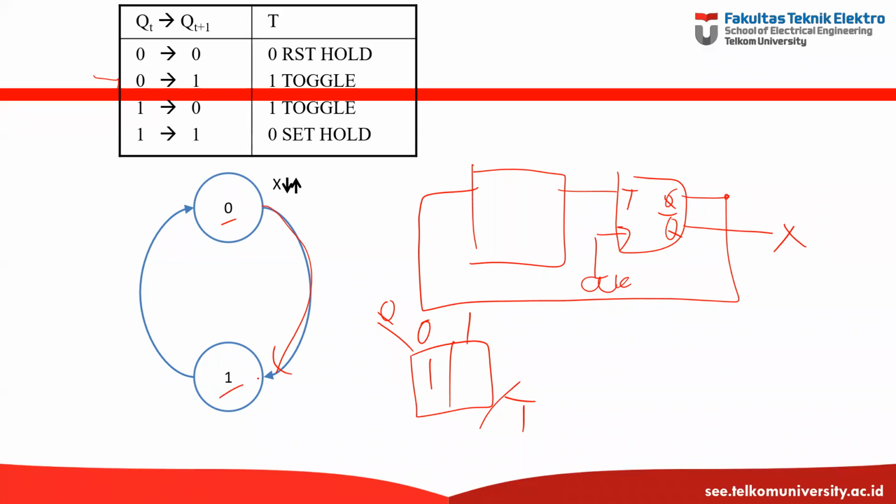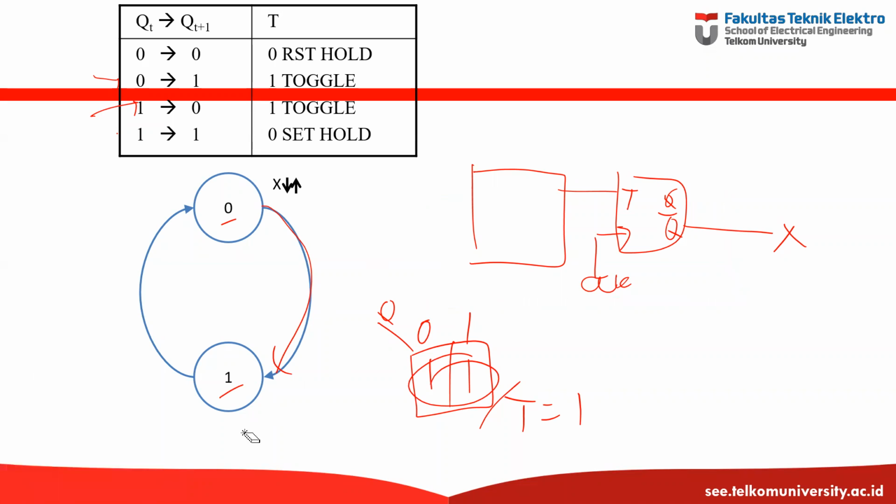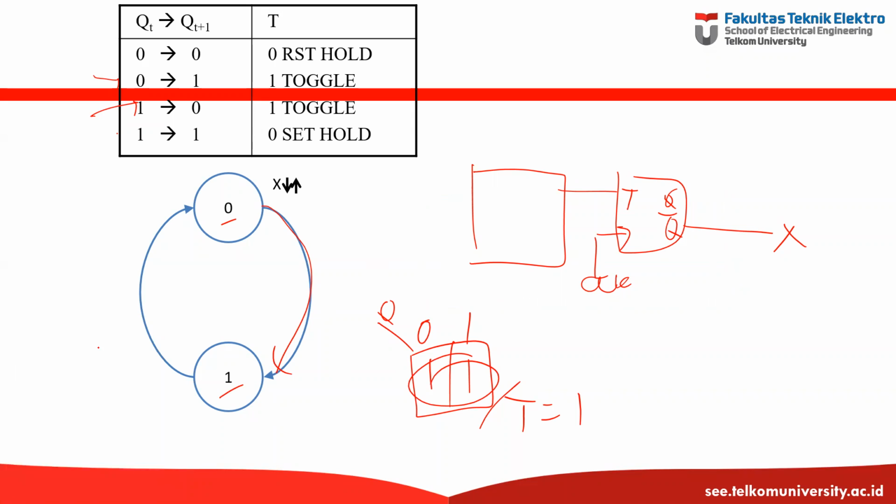Now, Q is 1. 1 to 0 happen when T is 1. So T is 1. So it's similar to the JK flip-flop. So the solution is something like this.